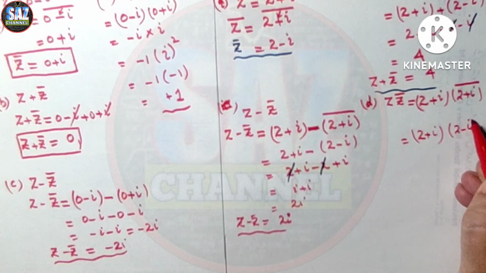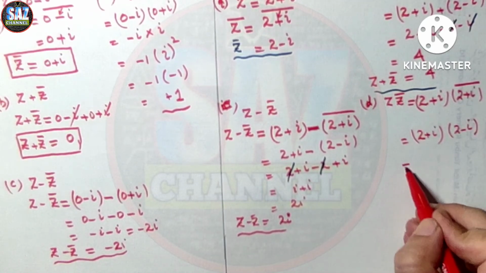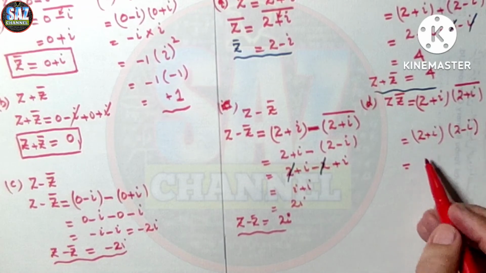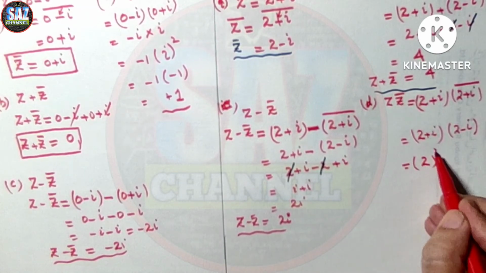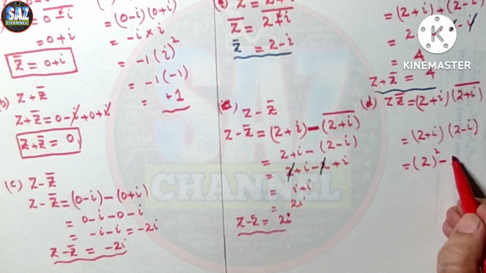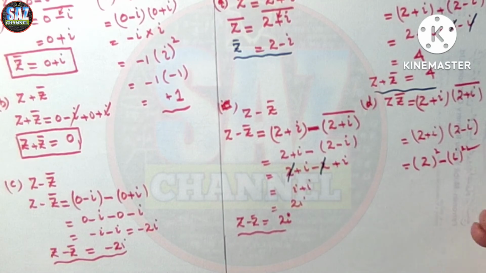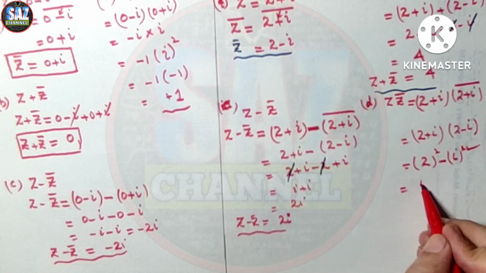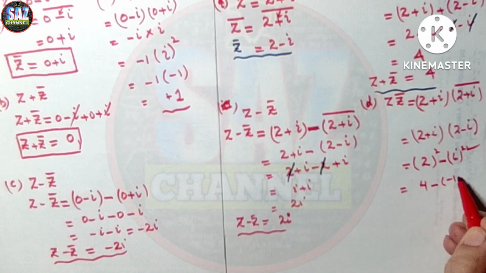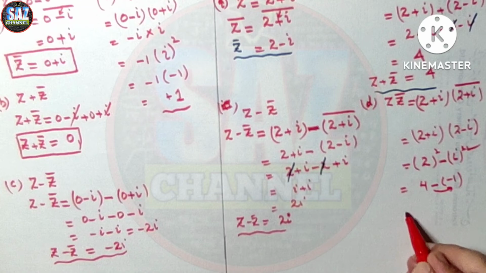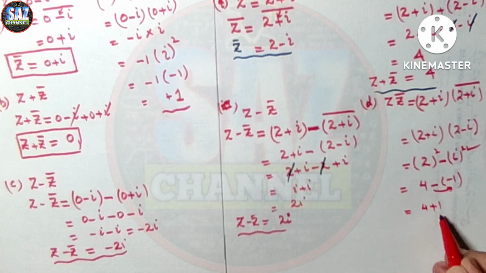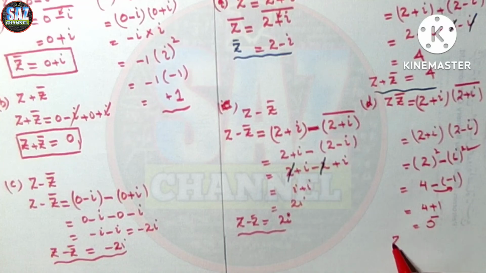And now look, A plus B, A minus B: 2 square minus iota square, 2 square is 4, minus minus 1, 4 plus 1, which is equal to 5. So, z times z bar equals 5.